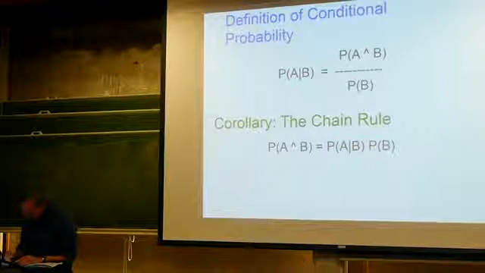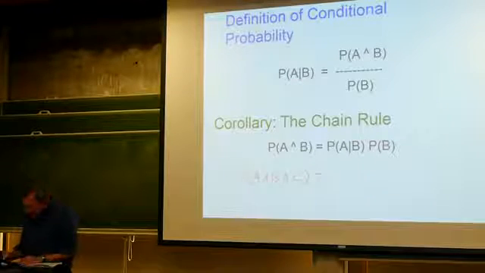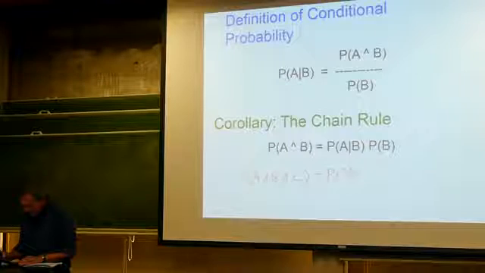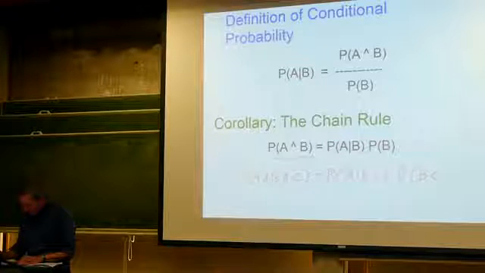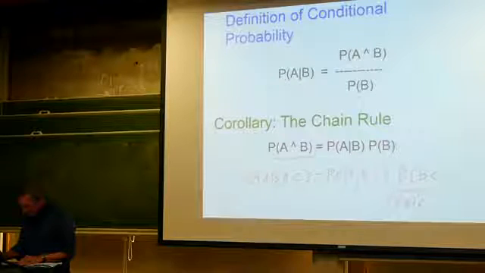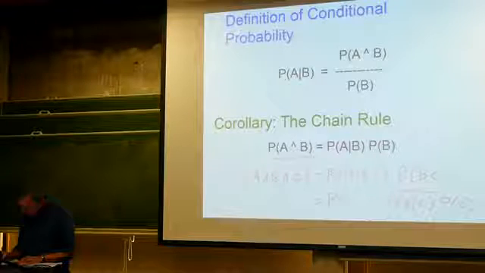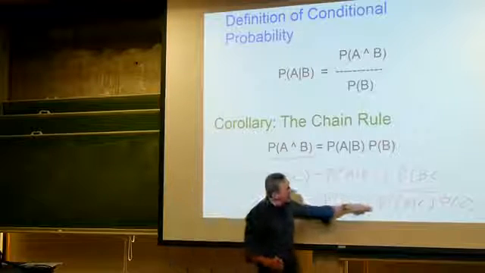So for example, it's also true that if I want to know the joint probability of three things, then again I can factor it into P of A given B and C times the probability of B and C. But then if I like, I could apply this rule again and say, well, that's just the probability of B given C times the probability of C. And so you can kind of see why this is called the chain rule.